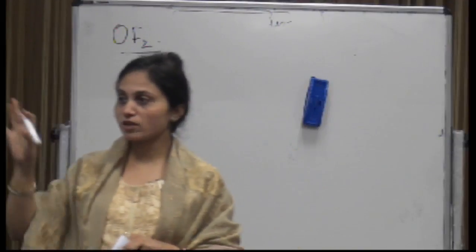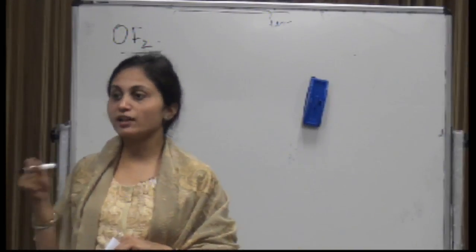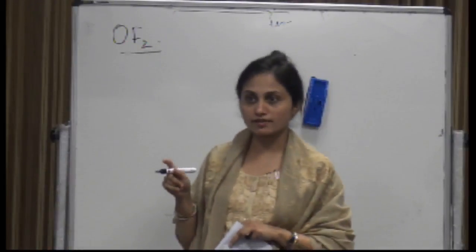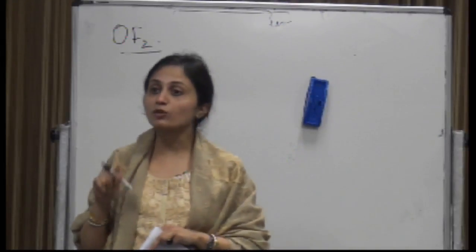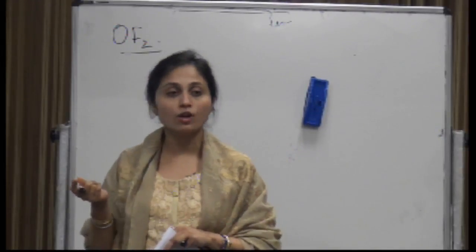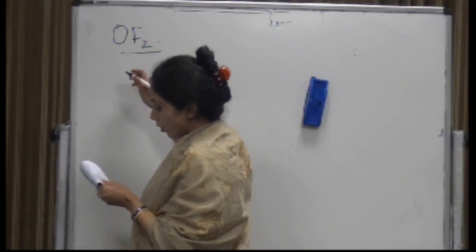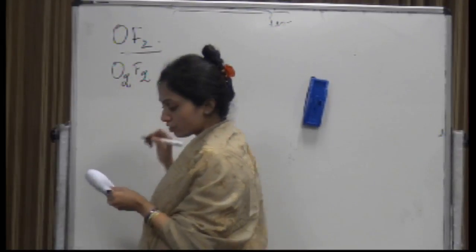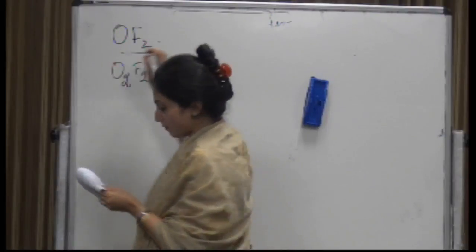Because जहाँ जहाँ पे oxygen है, we always call it an oxide, like Cl2O, Br2O. But in case of OF2, we call it a fluoride. Why? Because fluorine is more electronegative than oxygen. Then in dioxygen difluoride, O2F2, the oxygen is assigned an oxidation number of +1.